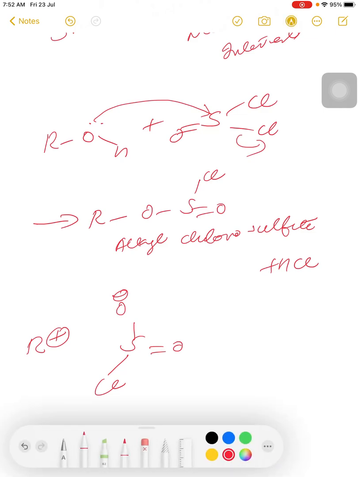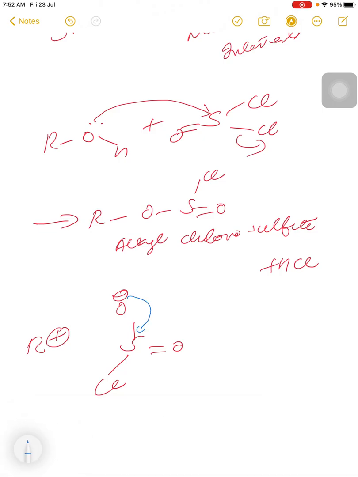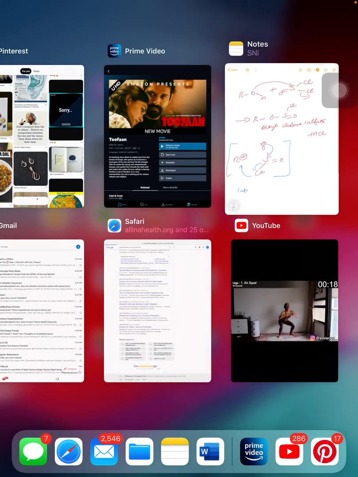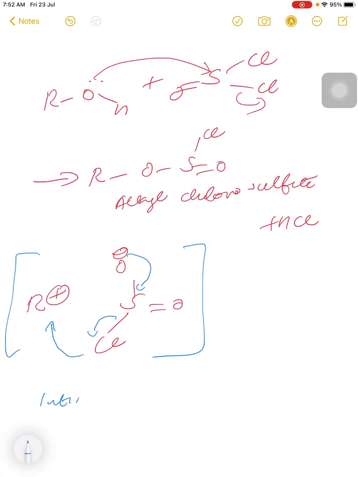Alkyl chlorosulfite, which exists as an intimate ion pair, undergoes rearrangement in this manner. This is an intimate ion pair. And what will be formed? Alkyl halide and SO2 will be formed.